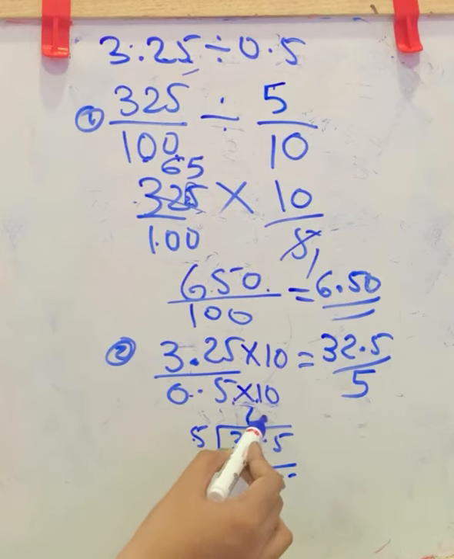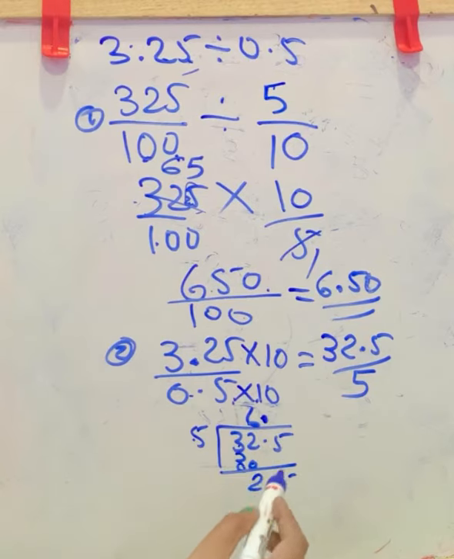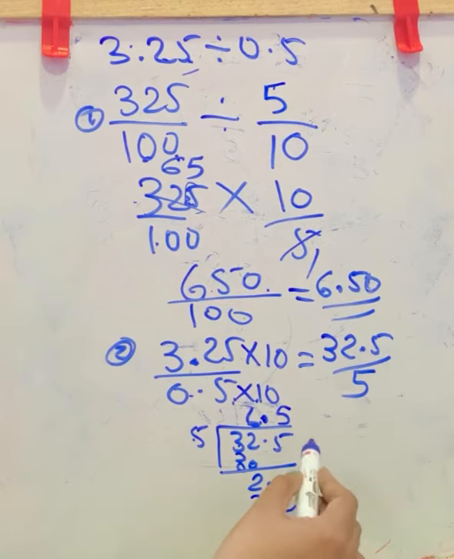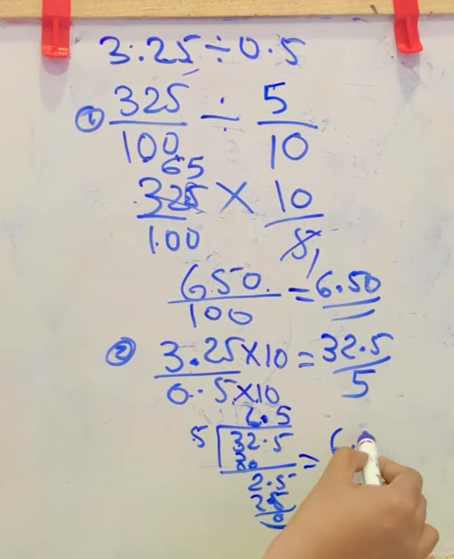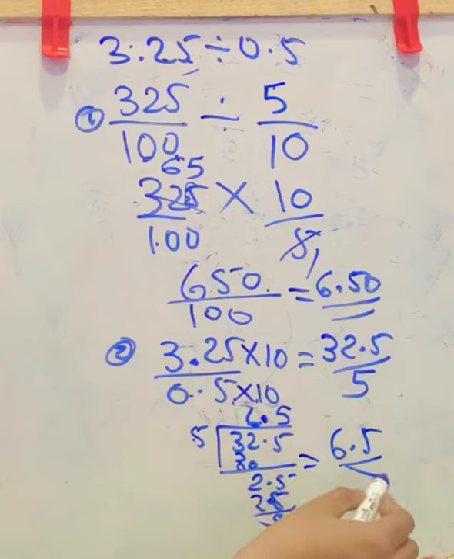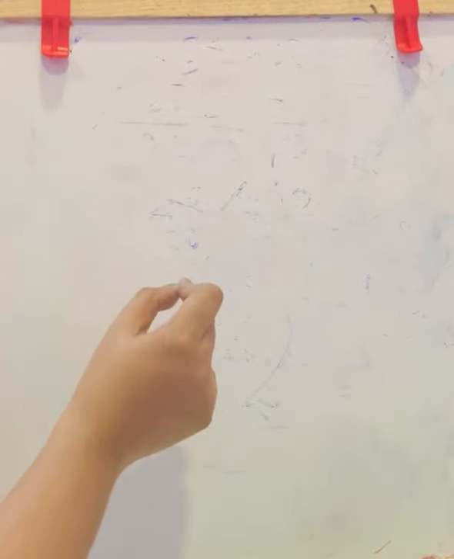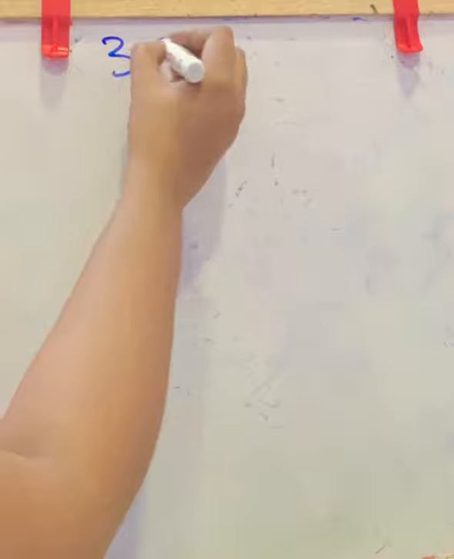Here also don't forget to put the decimal point. Now in 2.5, 5 5s are 25, balance is 0, point is there. So 6.5 is the answer. In quotient we got 6.5. So this is the another method. I prefer this one. Always be sure that you must not have a decimal in the denominator while division.